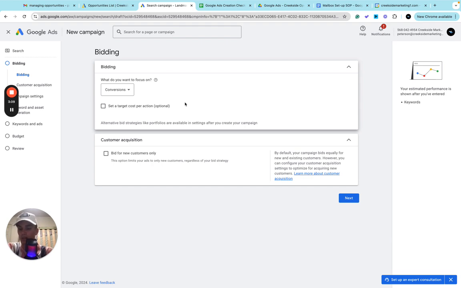Obviously, that's when clicks would become a lot more valuable. The second reason to use clicks is when you are expected to use a low budget for your campaign. If you have a low budget that is projected to get you very few conversions over the course of a month, typically the number we use is 15 conversions per month.